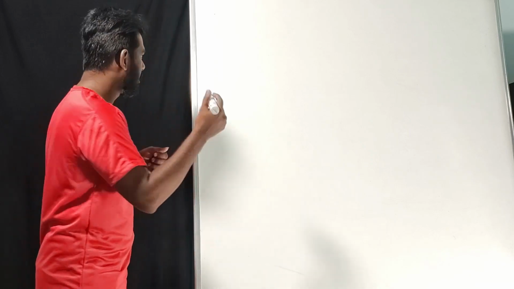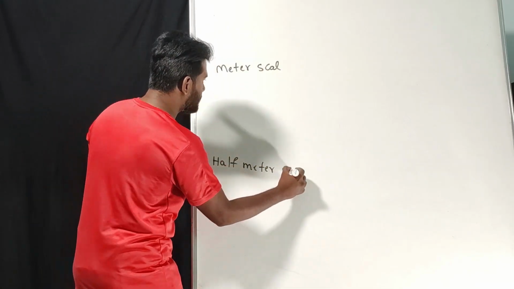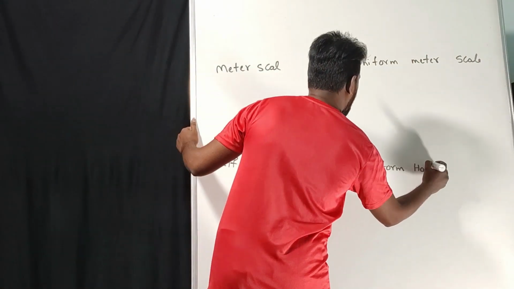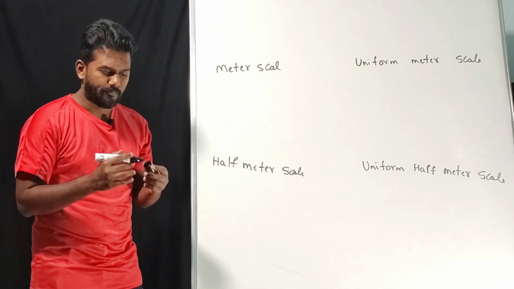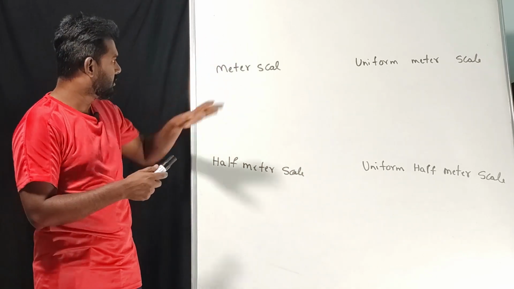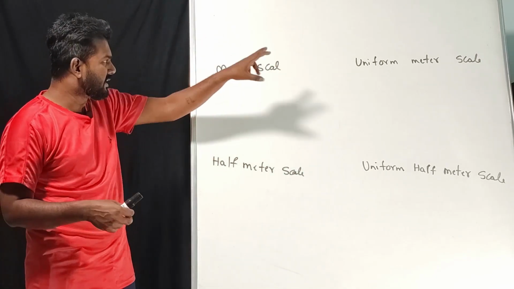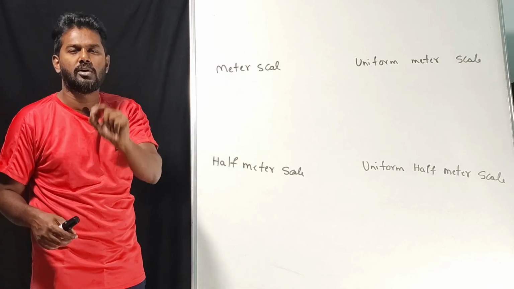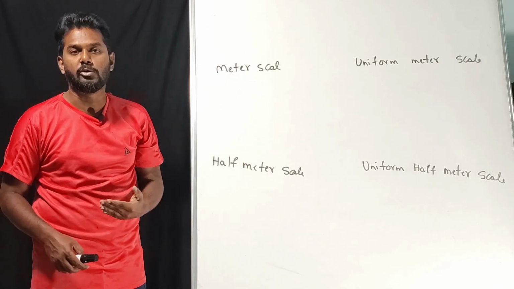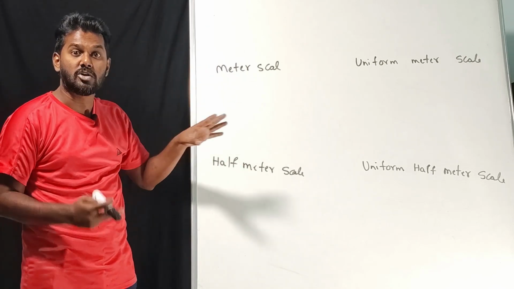Now first, you need to understand the difference between 4 important words. Here you need to understand the concept. If you understand these things, these are the first words you are going to see in the numericals, so you need to understand these concepts correctly.